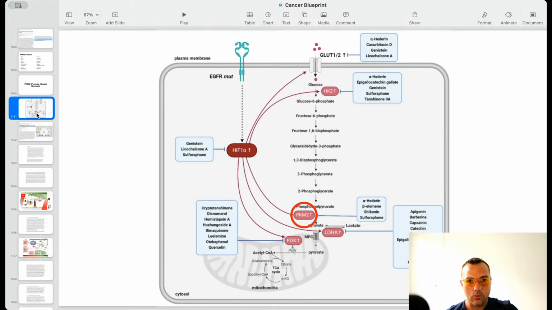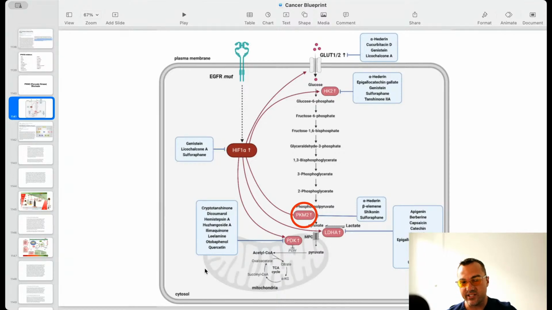So just so we're all on the same page here: pyruvate kinase, when it's overexpressed, is like a vicious cycle, another vicious cycle. HIF1 alpha is upregulating all of glycolysis and setting up the Warburg effect. But PKM2, when they overexpress it, when they add it back to these cells, will auto-upregulate HIF1, which upregulates glucose transporters, hexokinase, lactate dehydrogenase, and it also talks about PDK.